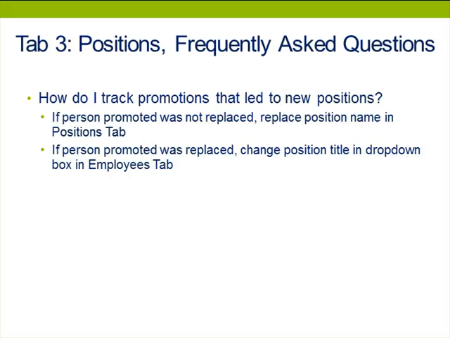This is really important because it allows you to get credit for retaining the employee and keeping the position. So you want to be careful about how you're entering information like this in the data collection tool. And if you're ever not sure about whether to update something in the Positions tab or in the Employees tab, you can contact us at the OCS registrar.